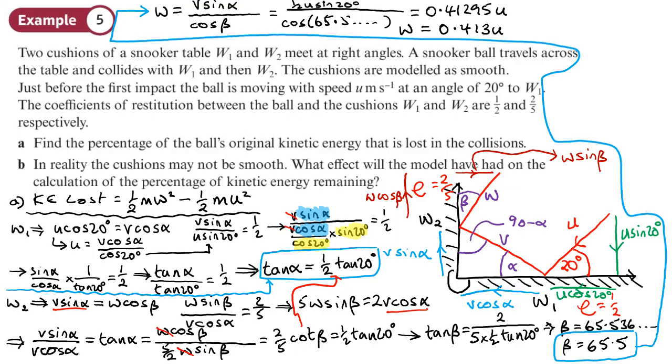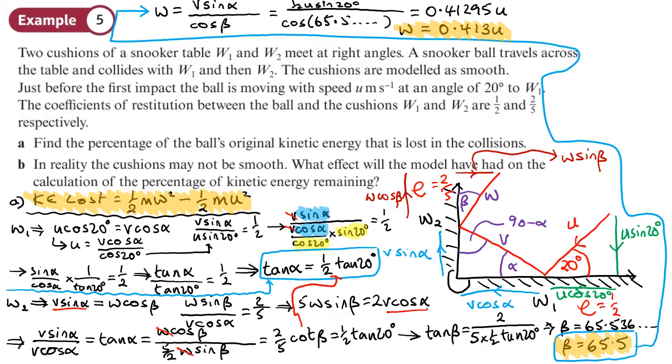I'm not quite finished yet, have I? So I've got this angle of the second rebound. I've got the speed of the second rebound. Okay, so what was I using that for? Well, I'll go back to the original question, which was to work out the kinetic energy lost and the mass of the snooker ball.